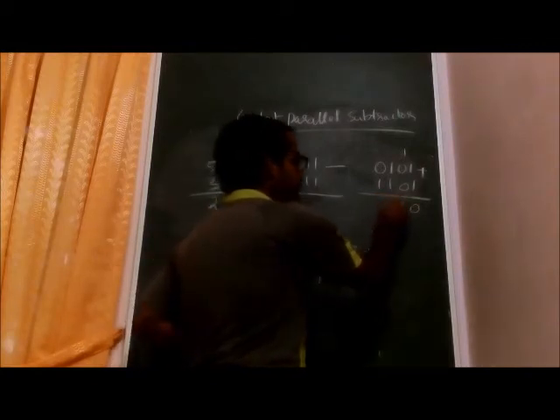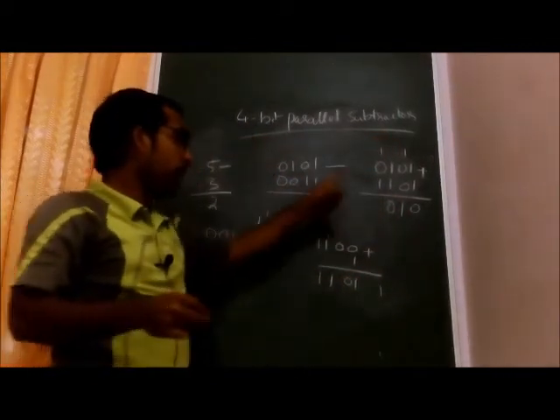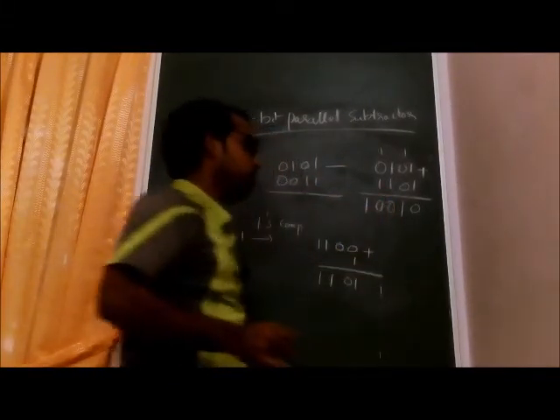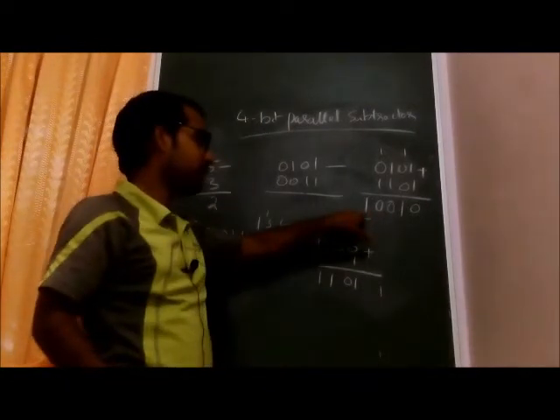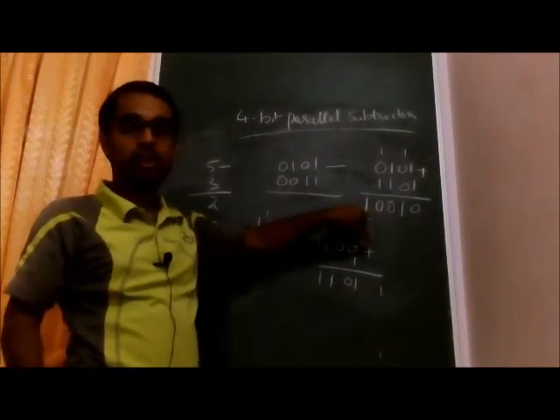Now 1 plus 1 is again 0 and this carry goes here, and this 1 plus 1 is 0 1, and there is a carry generated here. There is a final carry here, so we will discard this.